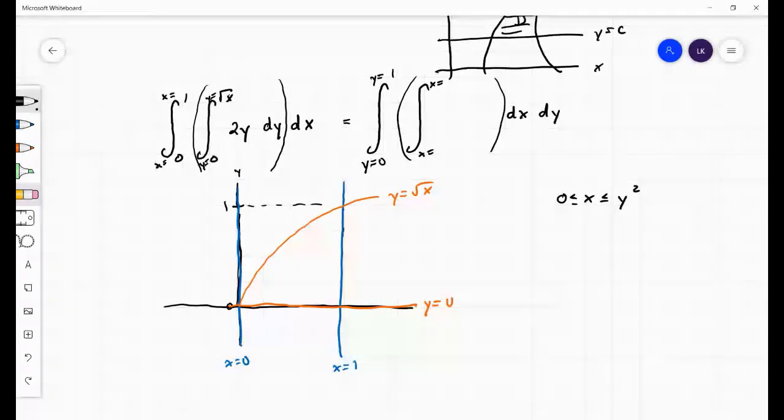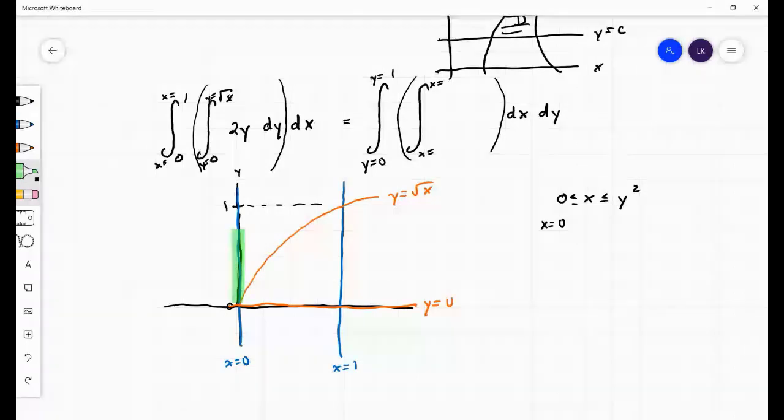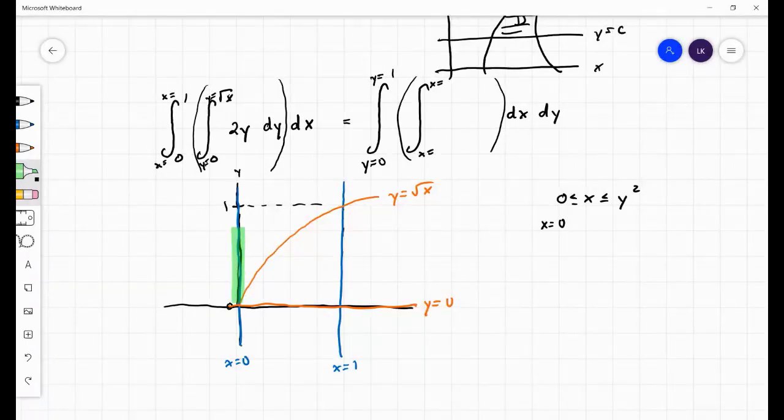Yeah. So if you say that x is between 0 and, well, y squared, so where is x equal to 0? That's the y-axis. And where is x equal to y squared?